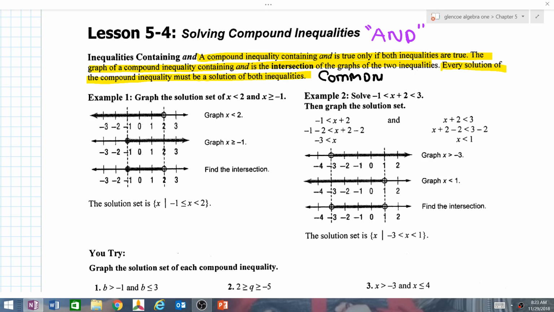A compound inequality containing the word and is true only if both inequalities are true. The graph of the compound inequality containing and. So I want you to get this point. The word and means this.